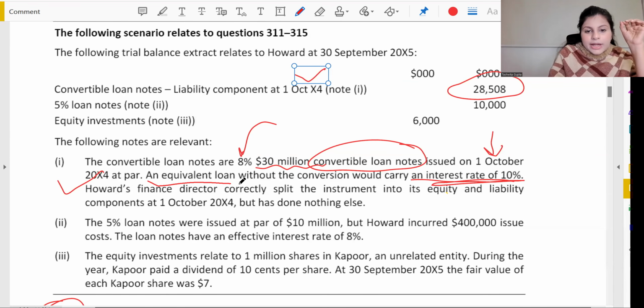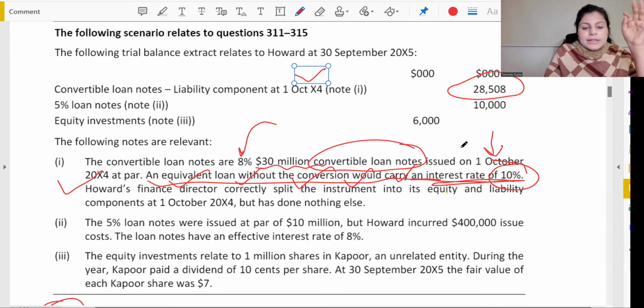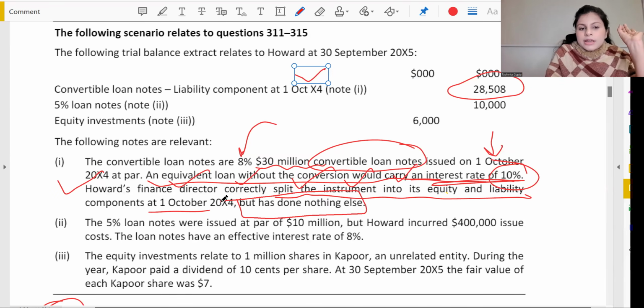So this is the rate that I'm supposed to use. The finance director correctly split the instrument into its equity and liability components, but has done nothing else. So basically, the subsequent treatment of this liability is not done.